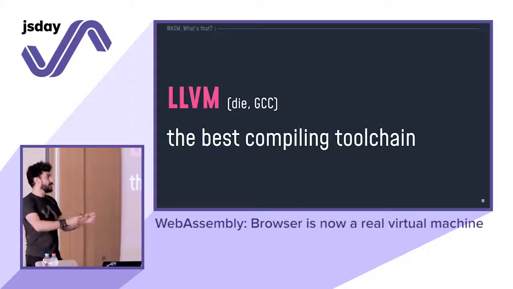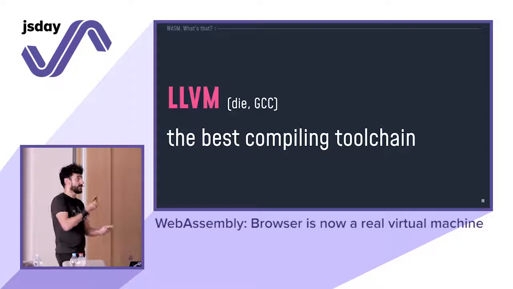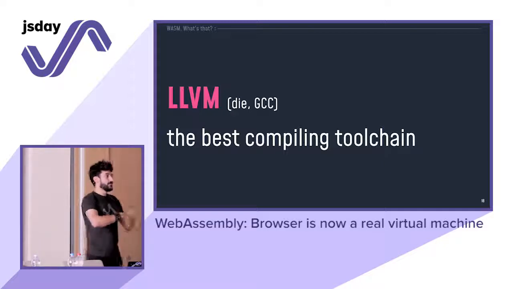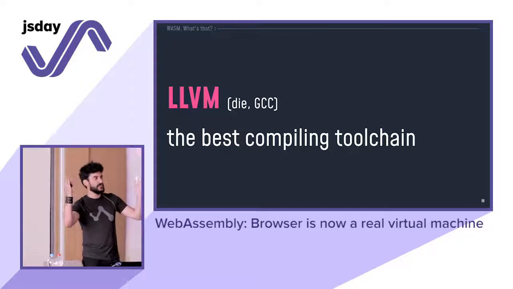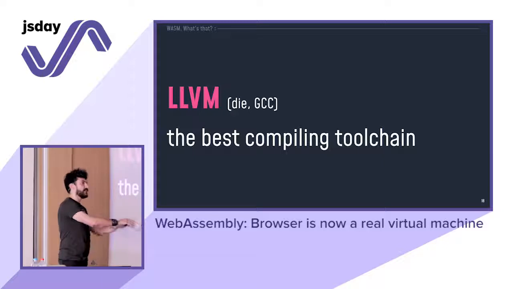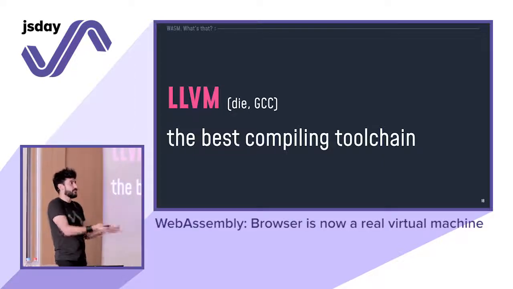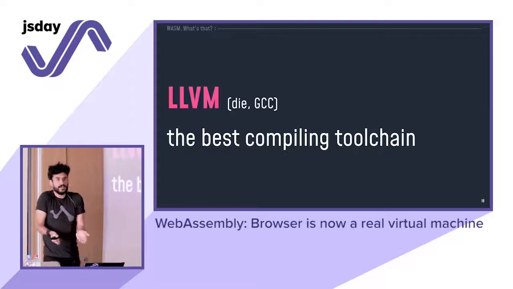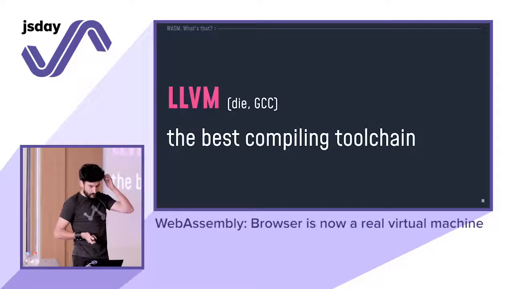So you can take every language that is understood by LLVM, like C, C++, Java, Swift, Objective-C, whatever you want, and put it directly inside a compiler to obtain real bytecode available to run in your WebAssembly virtual machine.